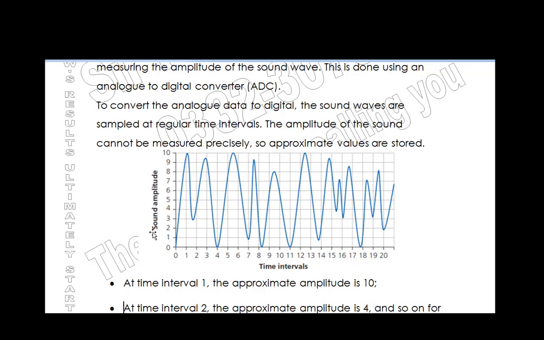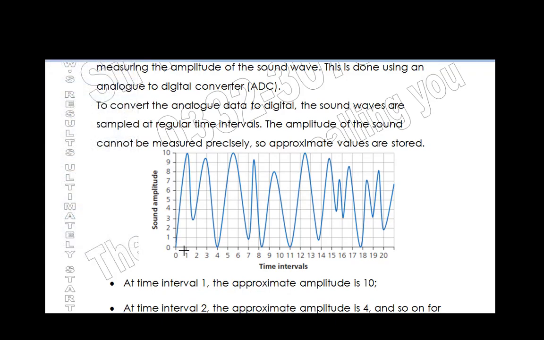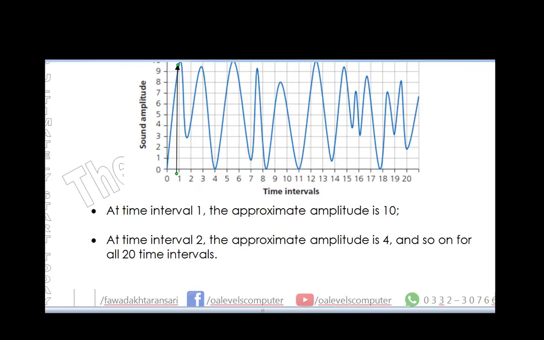So at the time interval, let me use my drawing tool so it is easy to explain. Here, as a time interval, if you see the arrow, the time interval is 1, and it goes to the highest peak. Let me zoom in for you.